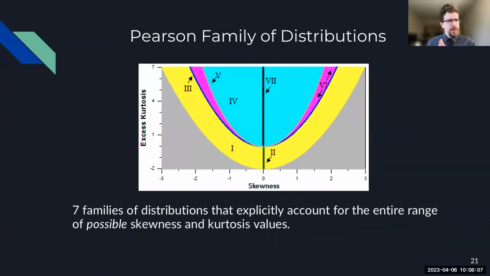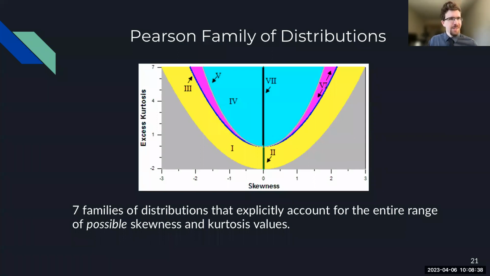We're going to talk explicitly about 4, 5, and 6. Type 1 is beta, and I don't really need to show much about this, since we're somewhat familiar with beta. Type 2 is a special case of beta. It's that red line here, perfectly symmetric. Type 3 is gamma, as shown here. And then type 7 is this other line here, a special case of type 4. So we're going to talk about 4, 5, and 6. I'll show them here in a second.